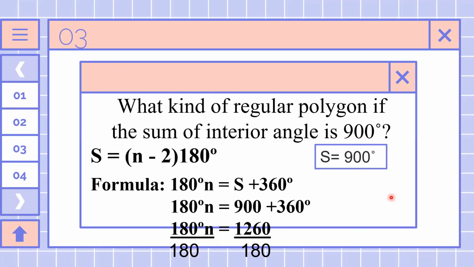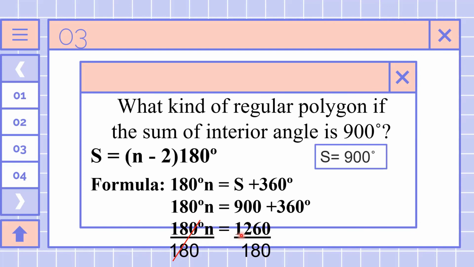So 180 degrees n divided by 180 is equal to 1,260 divided by 180 degrees. So ma-cancel na ni si 180 o si 180. So, cancel na siya. Kay same man siya ang atong numerator o denominator. So, cancel na siya. Now, n na lang ang nabilin.